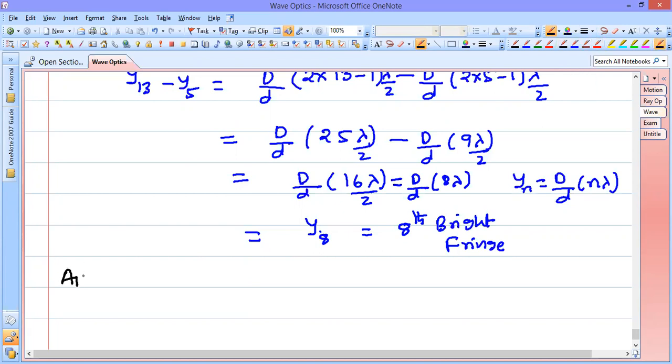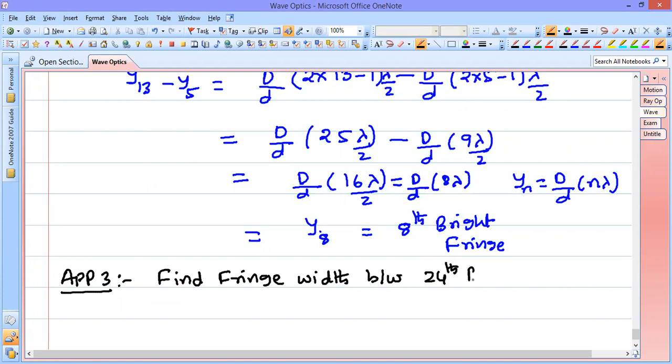Third application, application 3: find the fringe width between, suppose, the 24th bright fringe and the 7th dark fringe.